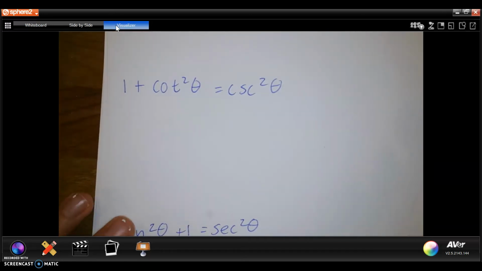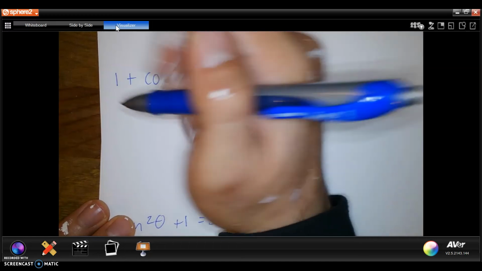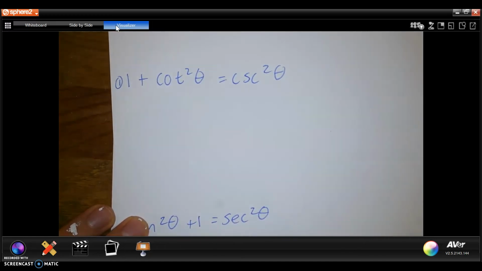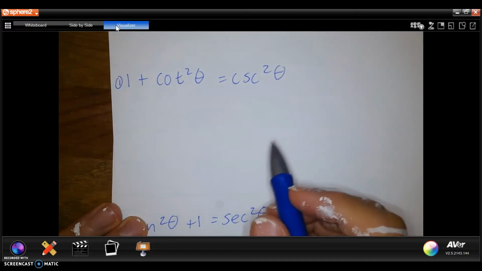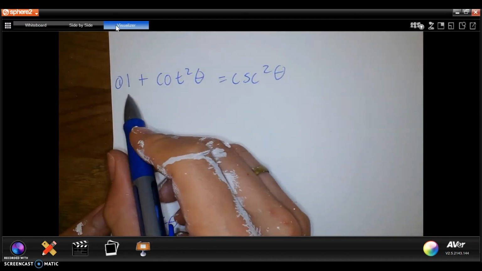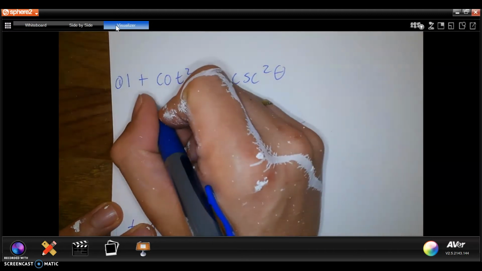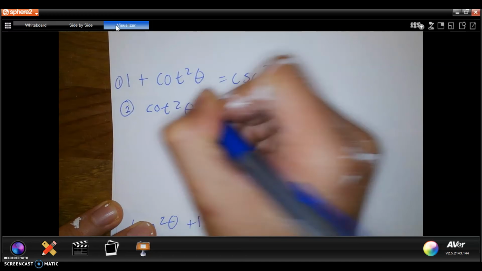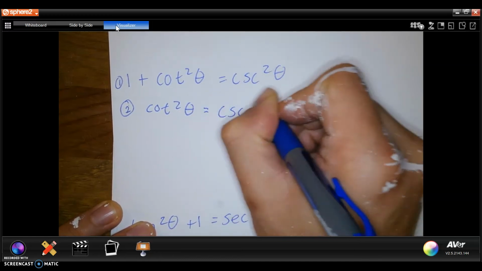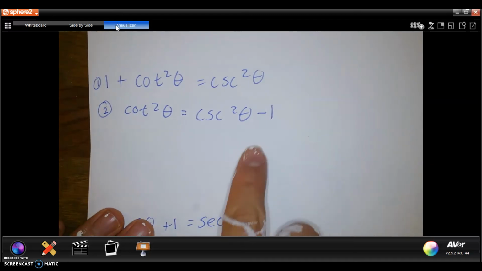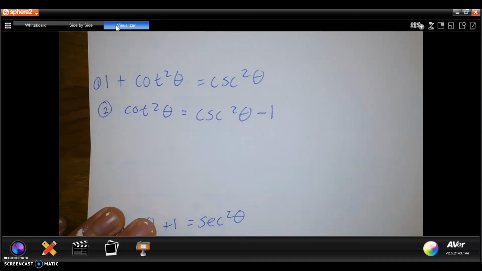Next one is our second identity. What's nice about this one is it's already solved for cosecant squared. The second form we're going to do is solve for cotangent, which means we subtract 1 from both sides, because that would get rid of this. So cotangent squared theta is equal to cosecant squared theta minus 1. Very, very helpful, because we can rewrite this if we see cotangent squared theta.